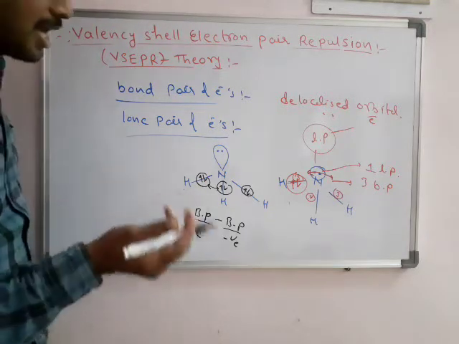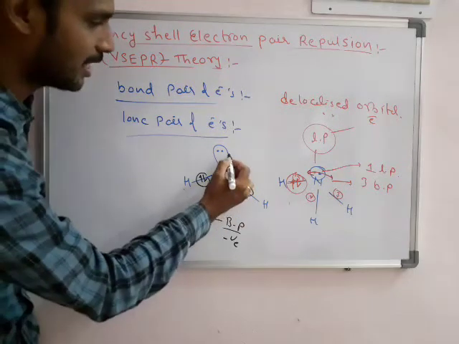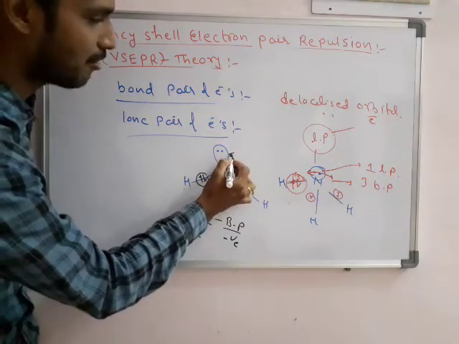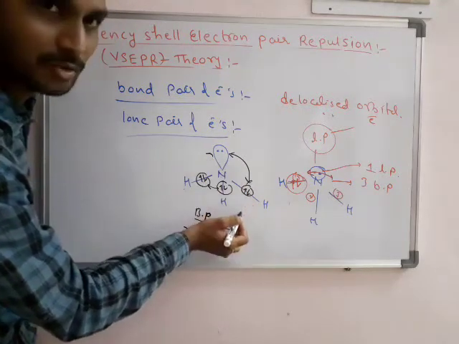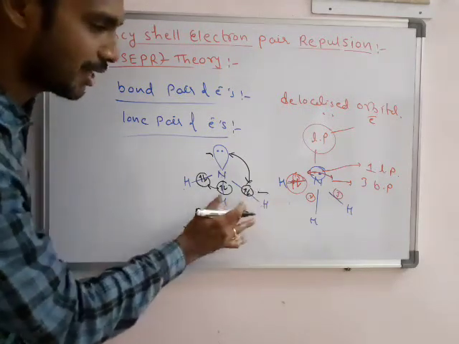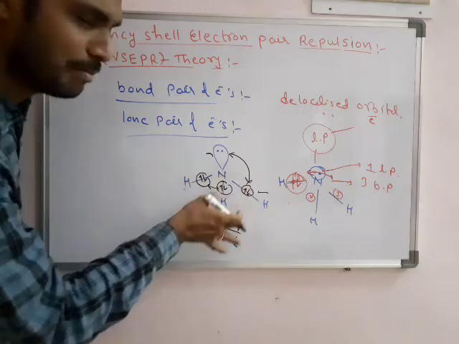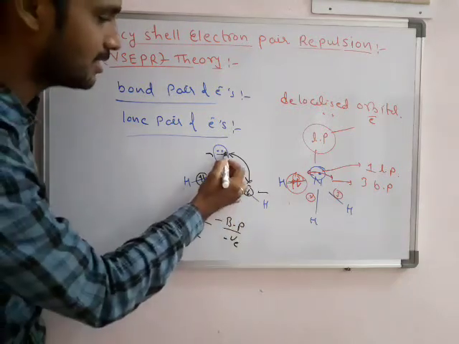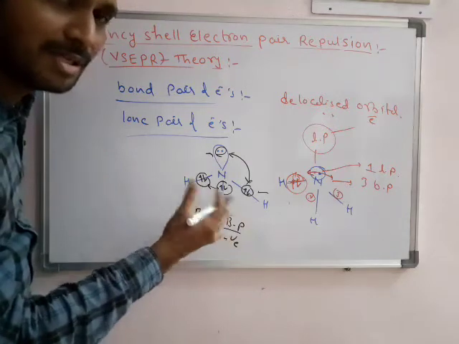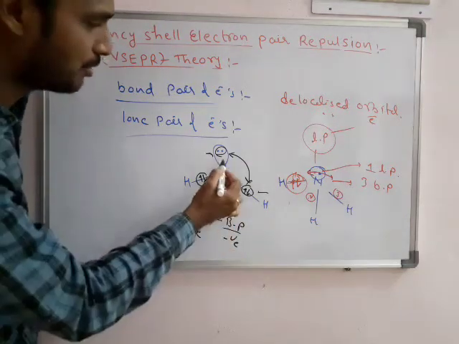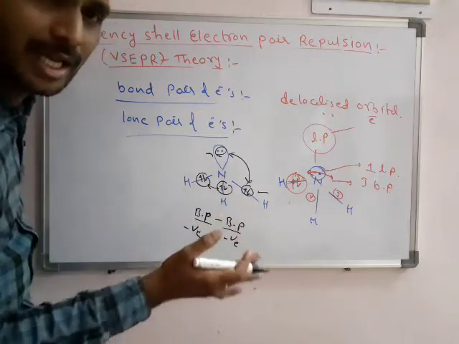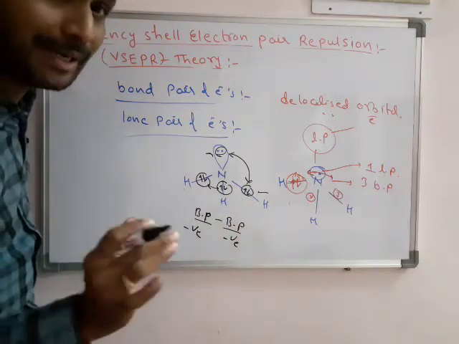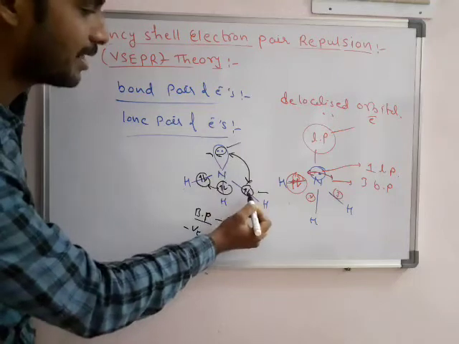Next, there is also repulsion between a lone pair of electrons and a bond pair of electrons. The bond pair is fixed and does not show much movement, but the lone pair has the highest movement. Between two low movements, the repulsion is negligible, but here one has more movement and the other less.